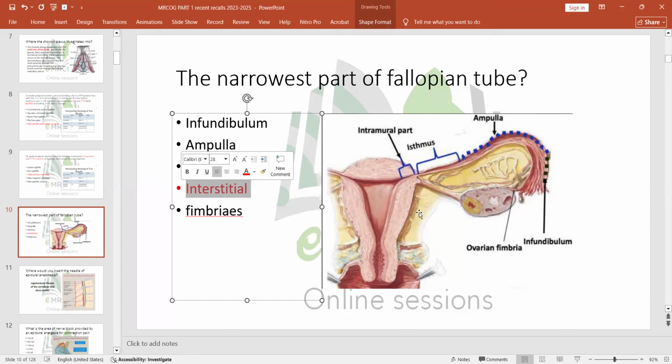And this is where we insert what's called Essure. It's not licensed in the UK now. It was one of the ways of contraception where we are blocking the fallopian tube. I forgot the word.